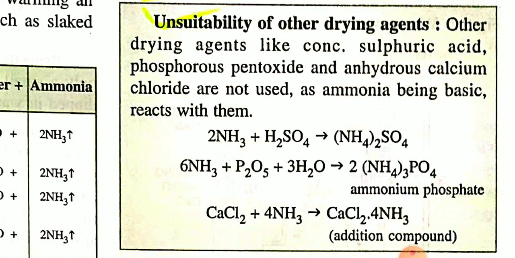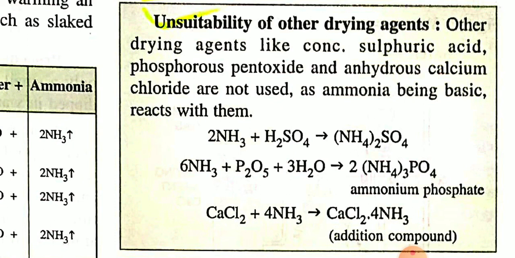Reactions are also given. When ammonia reacts with H2SO4, ammonia is basic and H2SO4 is acidic, so both react and form a salt, ammonium sulfate, (NH4)2SO4. Similarly, ammonia NH3, which is basic in nature, reacts with phosphorus pentoxide P2O5 plus water and forms ammonium phosphate, (NH4)3PO4.